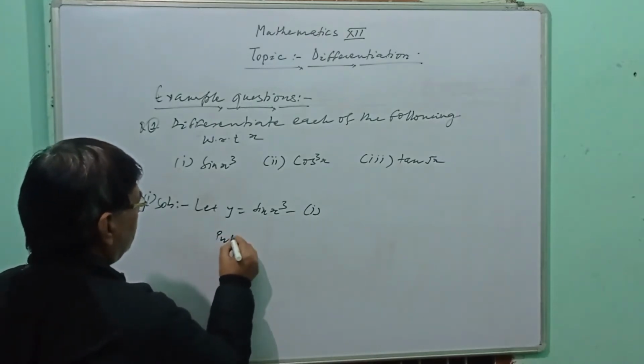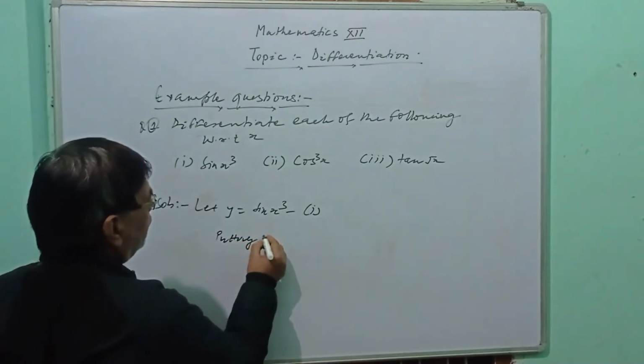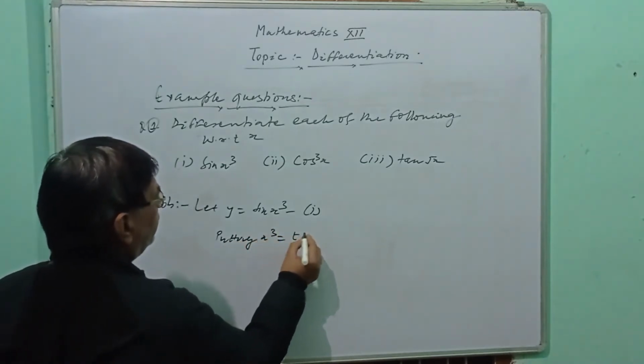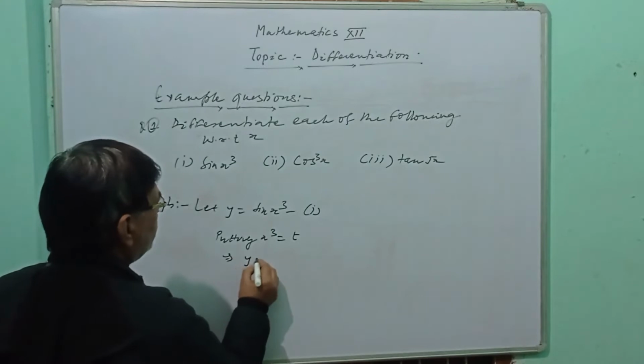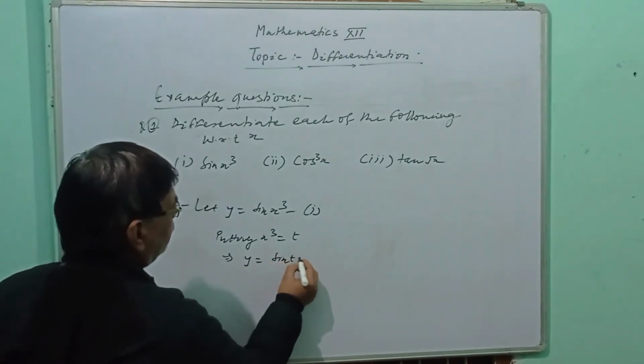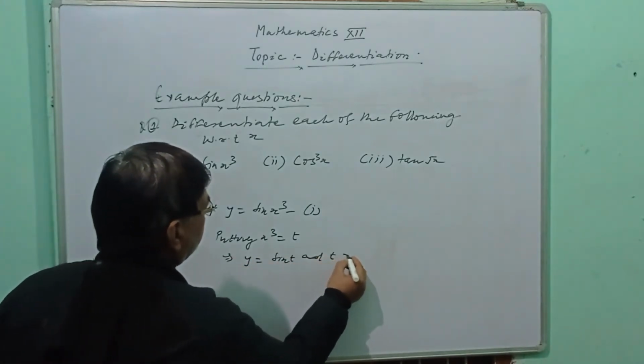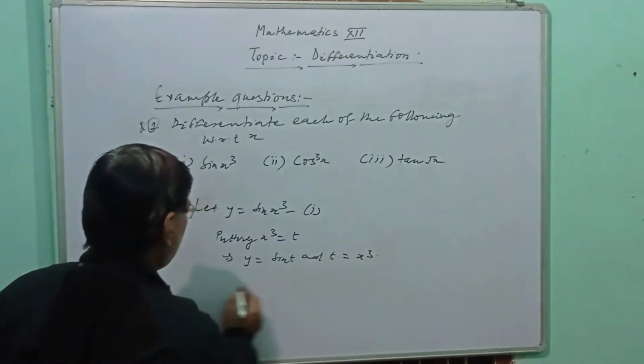Putting x cube is equal to t. This implies y is equal to sin t and t is equal to x cube.